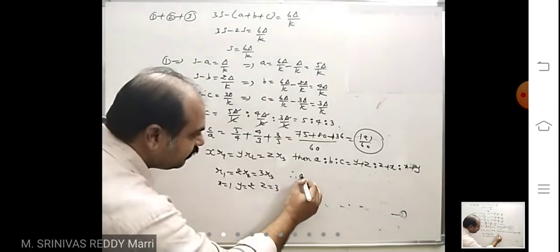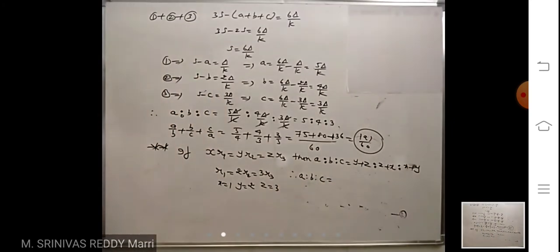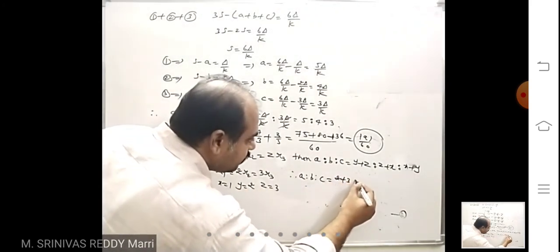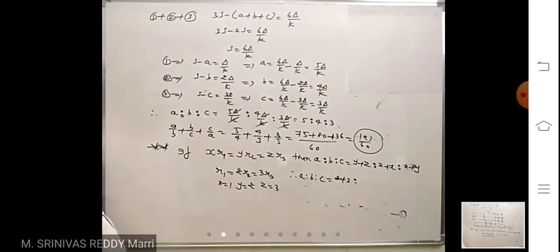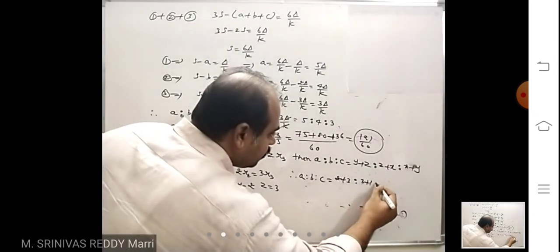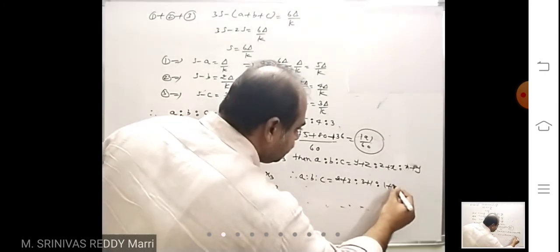Now therefore, A is to B is to C is nothing but Y plus Z, that means 2 plus 3, is to Z plus X, 3 plus 1, is to X plus Y, 1 plus 3.